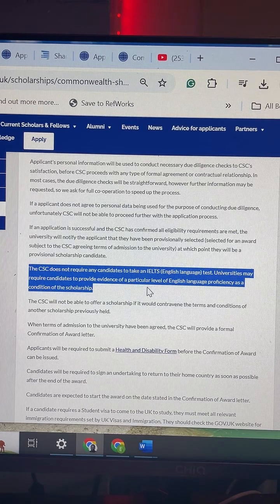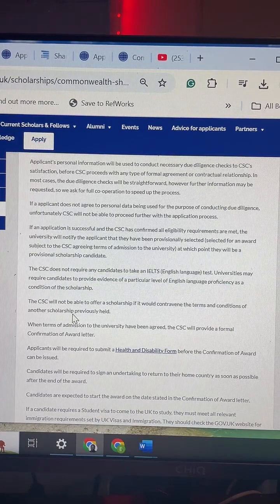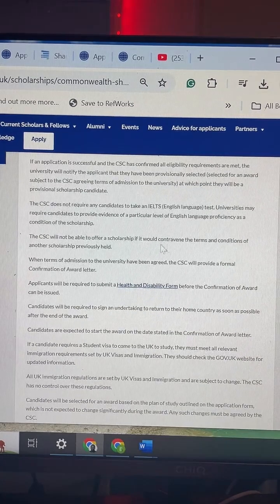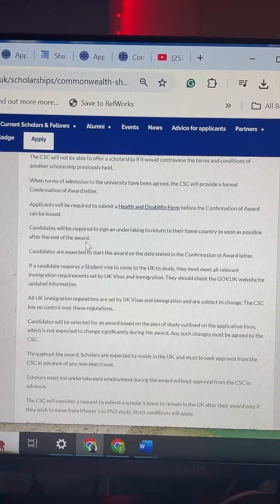However, if the university that you are applying to for admission requires you to submit an IELTS, I believe you can go about it in several ways to prove that you are proficient in English. One is using your West African examination results, or if you've done any basic English, you can prove that you are fluent or you understand English. So they can waive that English proficiency test for you. So IELTS is not a requirement for you to go ahead with this application.